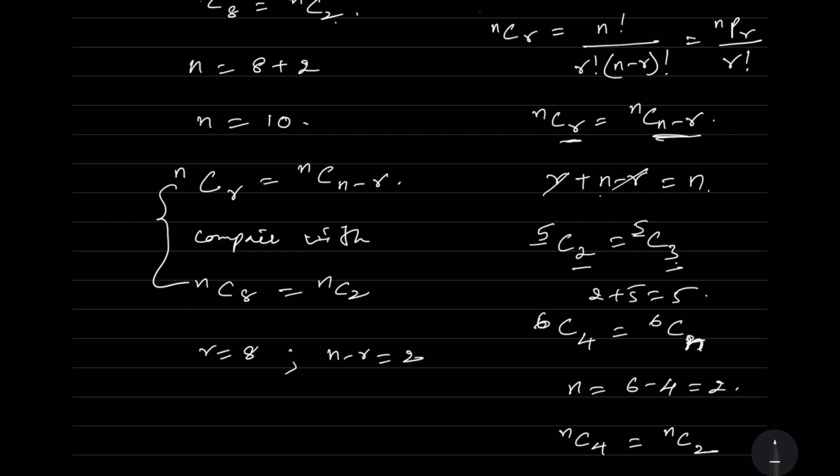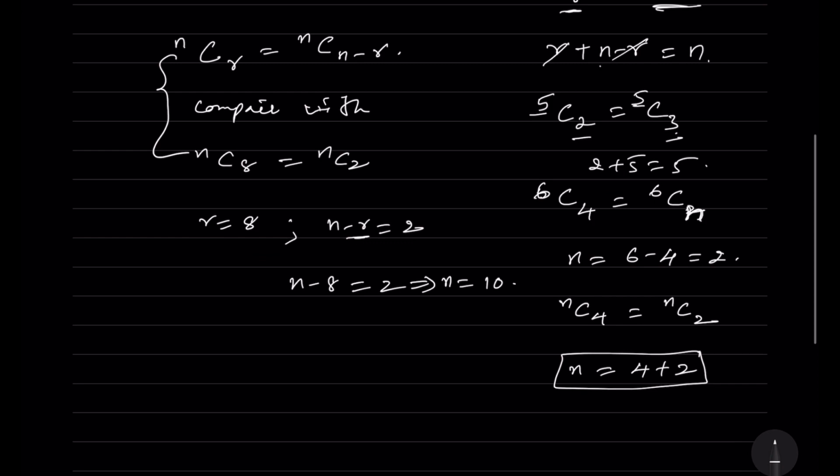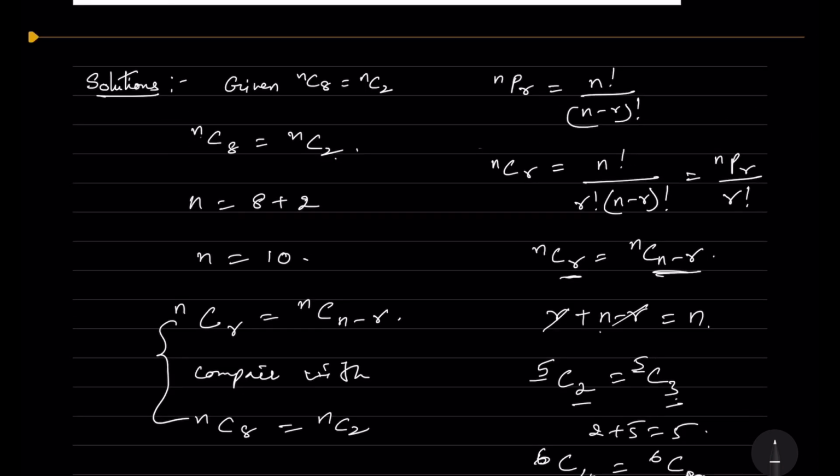So now you put 8 in place of r: n minus 8 is equal to 2. From this also you get n is equal to 10. So you can do it either this way or that way, and you get n is equal to 10.